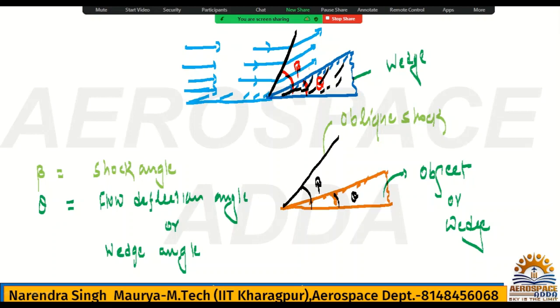See here, the flow is deflected parallel to the plane of the wedge, and the angle of that plane from the horizontal is theta. Similarly, the downstream line will have the same angle theta, because it is going parallel. Everywhere it is parallel, so obviously the angle from the horizontal will be the same. I hope this is clear.